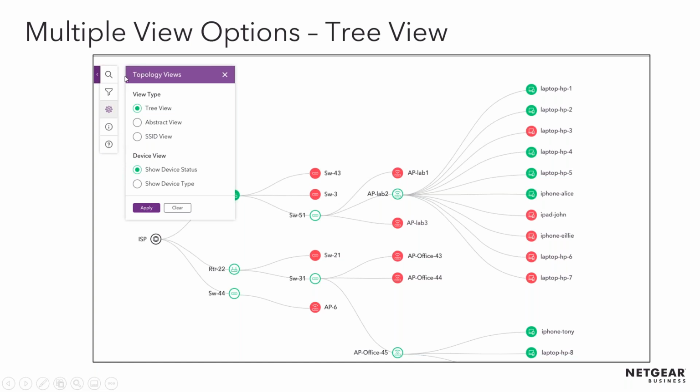So moving on, you will see that there's an icon which will open up a menu, and within that menu, one of the line items is the different views that you have. You can see here tree view, abstract view, SSID view. This is in fact the tree view. And as you can see here, again, as I'd mentioned earlier, end to end from ISP all the way down to the clients. What you can also see is clear indications, red versus green, if a device is down.